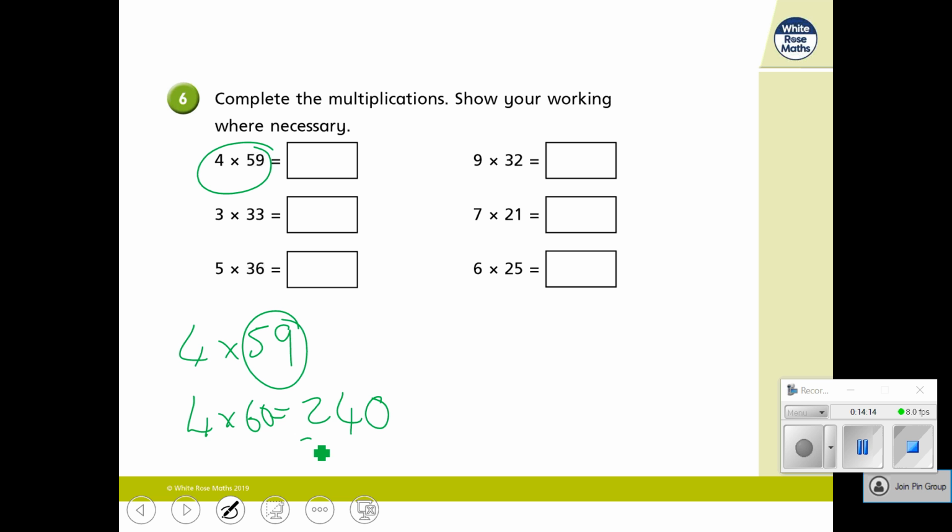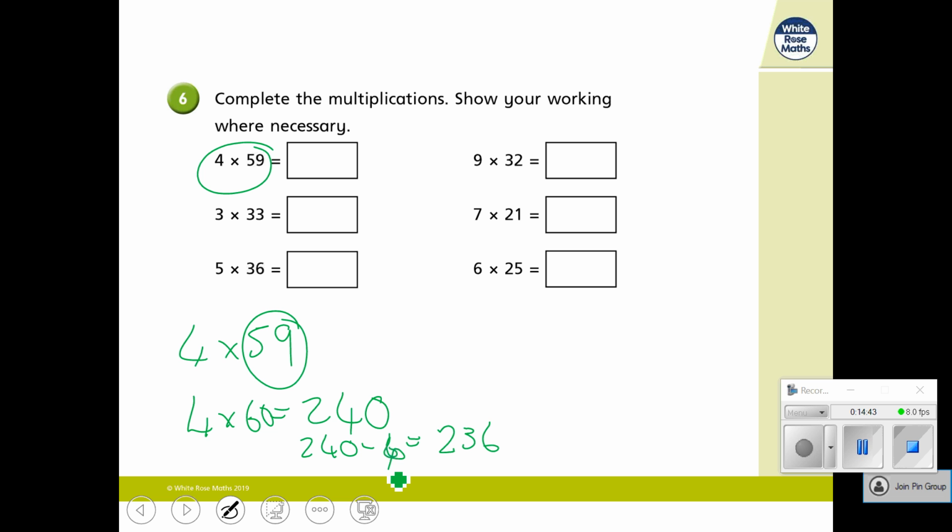So I need to take one lot of 4 away, which would give me 236. Okay, because it was 4 times 59, but I've done 4 times 60. So I've done one group of 4 too many.